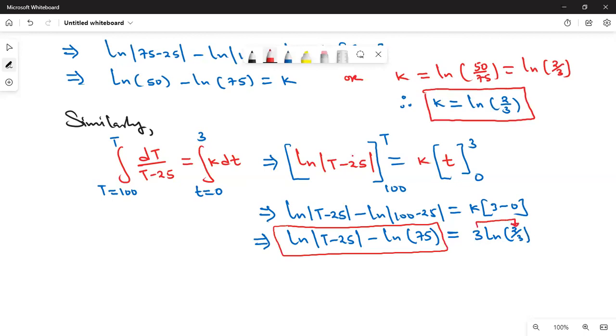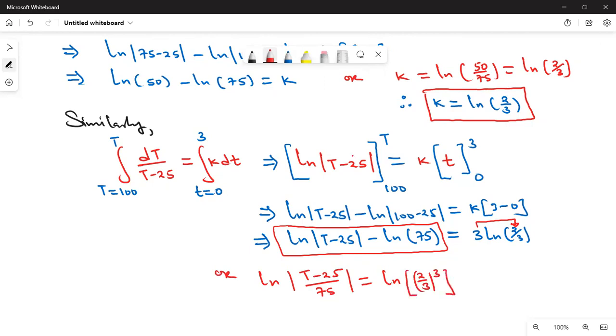So on the left, the log of T minus 25 divided by 75 is the same as the log of 2 over 3 cubed.